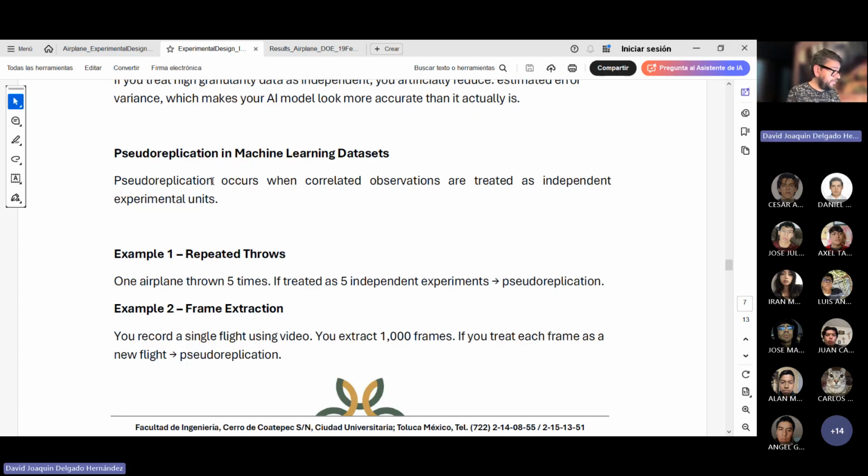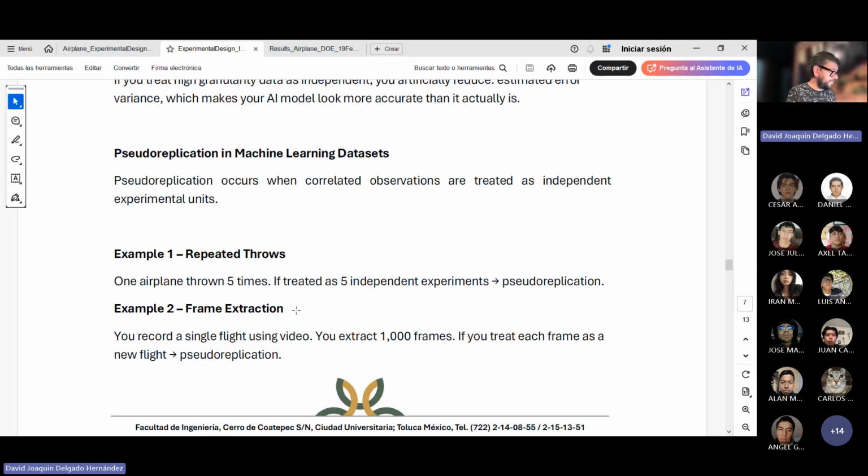Pseudo replication occurs when correlated observations are treated as independent experimental units. For instance, repeated throws: one airplane thrown 5 times, if you treat it as 5 independent experiments, you have pseudo replication. That is not correct.